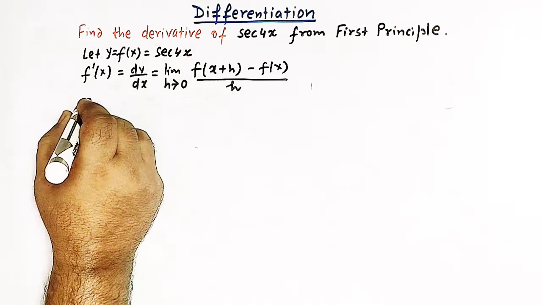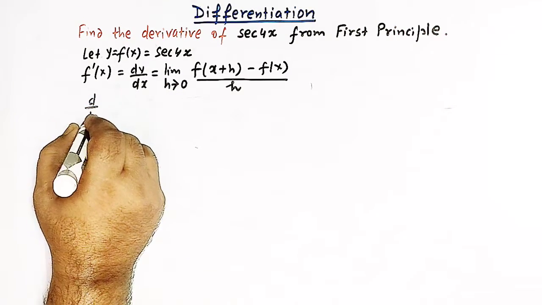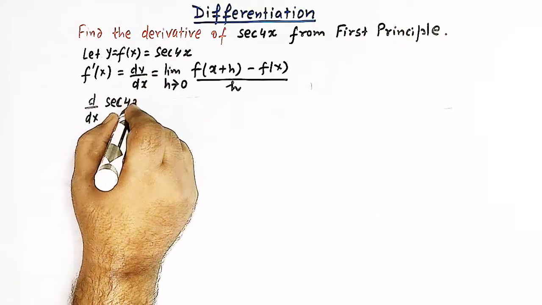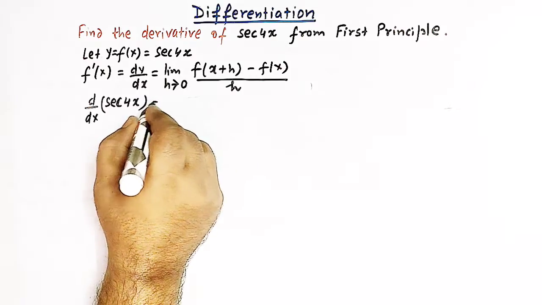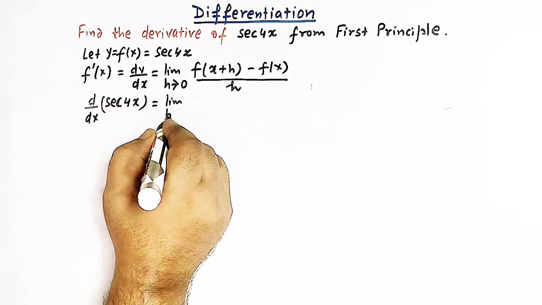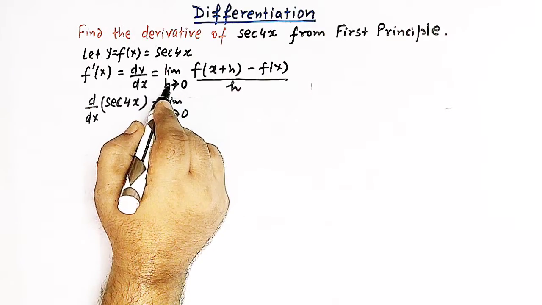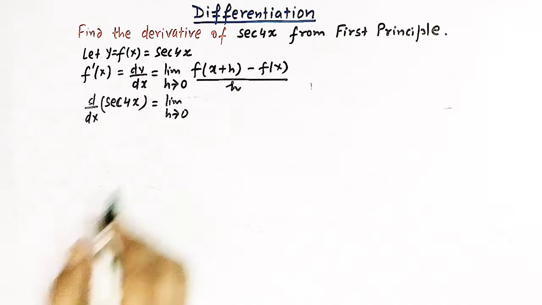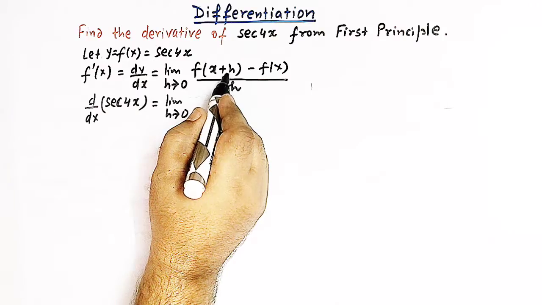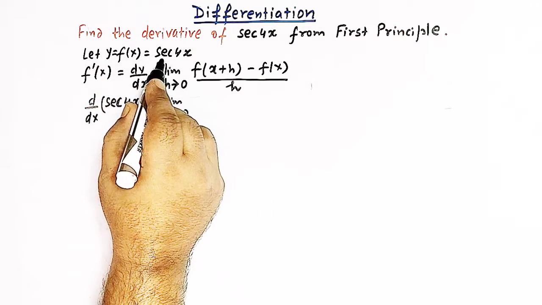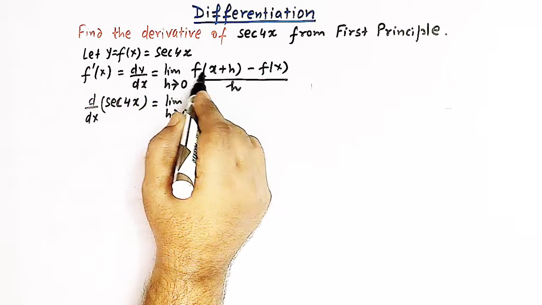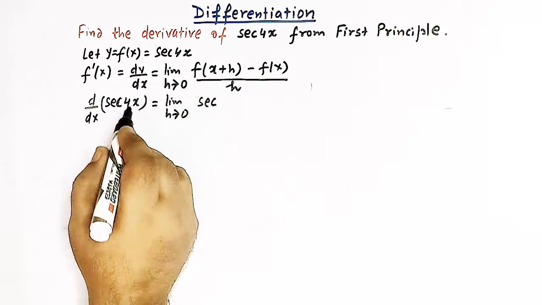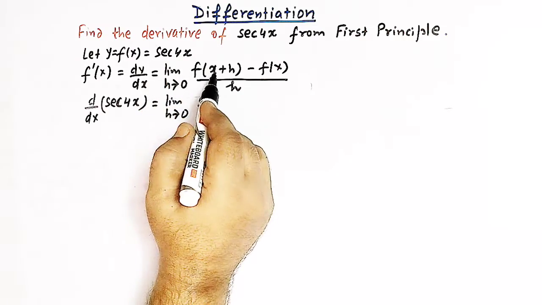Now we can write the derivative of secant 4x using this limit, that is limit h tends to 0, and remember here h is infinitesimally small. Now f of x is given as secant of 4x, so f of x plus h can be obtained by replacing x by x plus h.